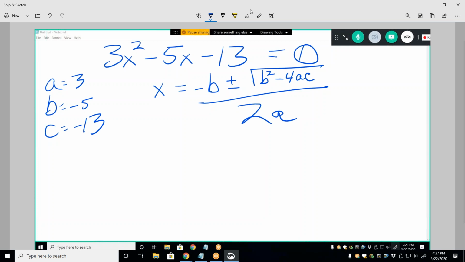Okay, let's plug it in. It's negative b. It's 5. Plus and minus the square root of 25. That's always positive. Minus 4, and I always do it this way. I don't do any of this in my head ever.